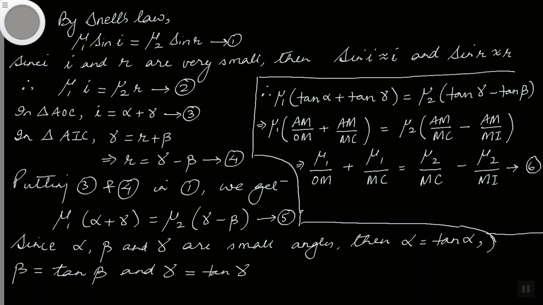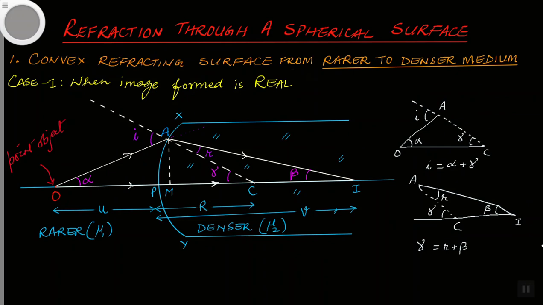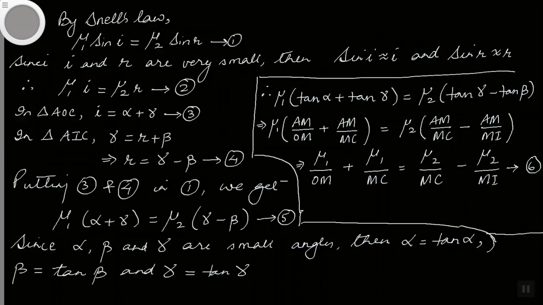Okay, take another layer. Now here let us look at what is the value. Now what is OM, MC and MI?